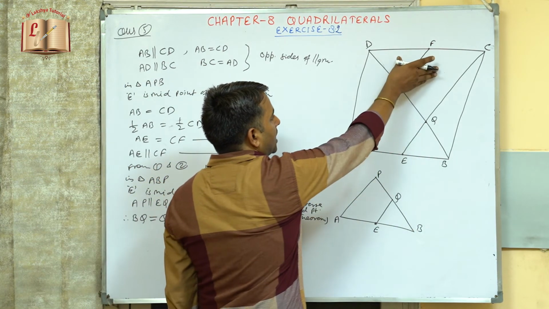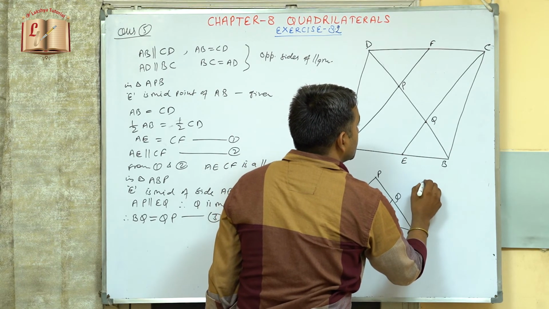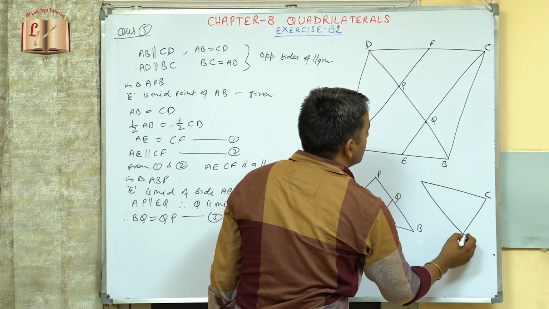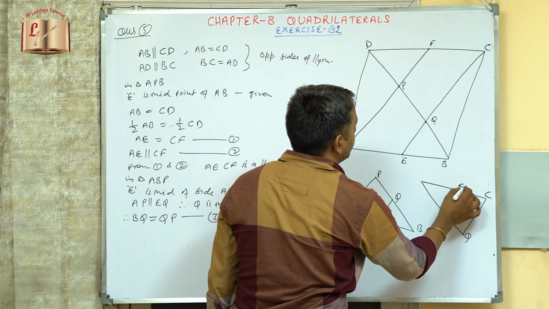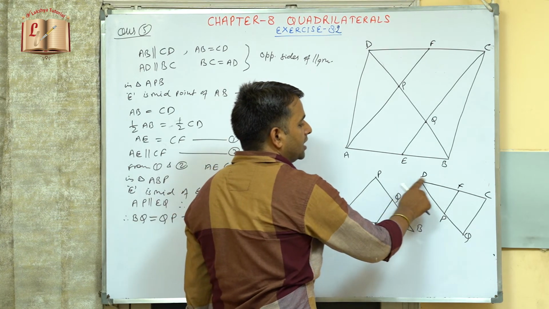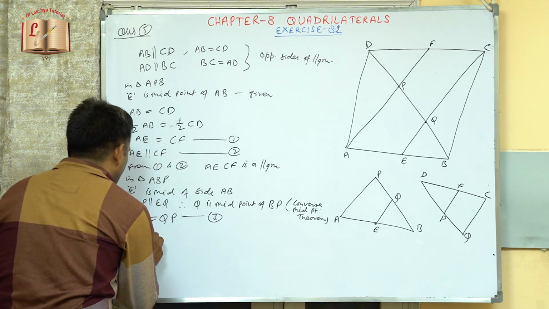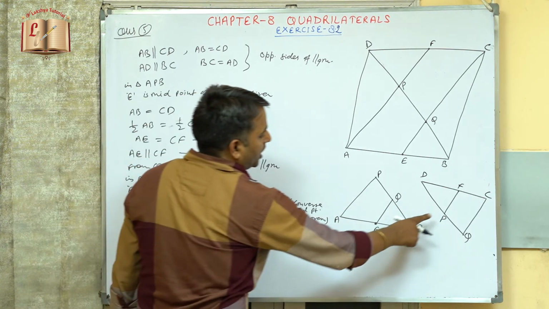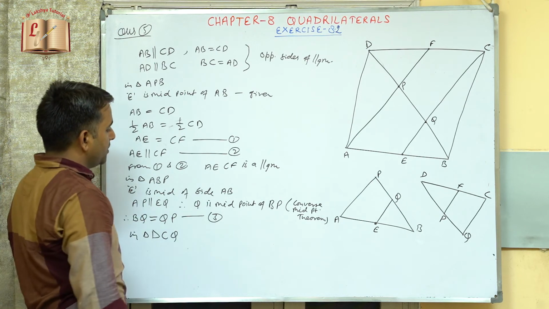Now again taking this triangle, in triangle DCQ, we can make this triangle also, DCQ. Now this is C, this is Q, and this point is F, and this is P, and this is D. So now in triangle DCQ, P is the midpoint. We have already proved here that P is the midpoint.